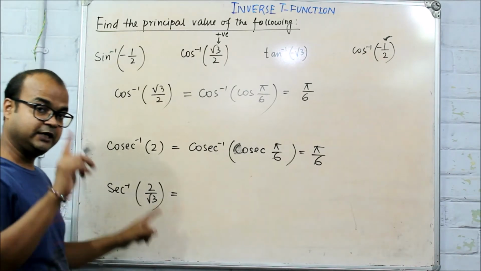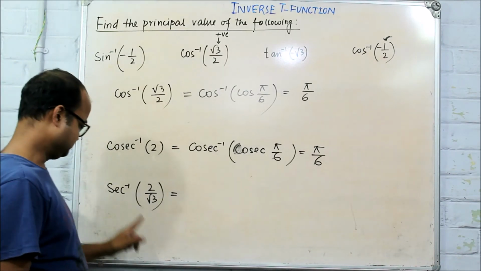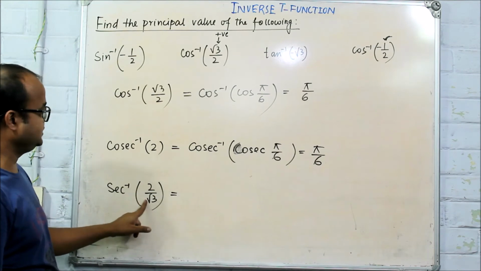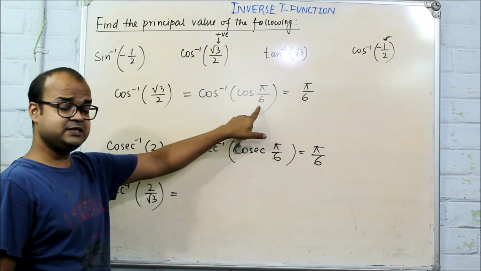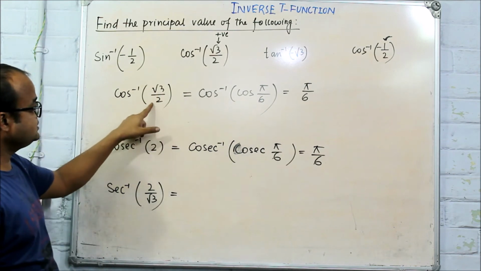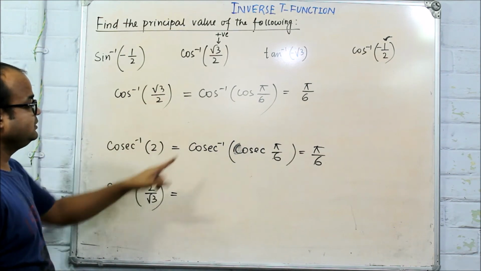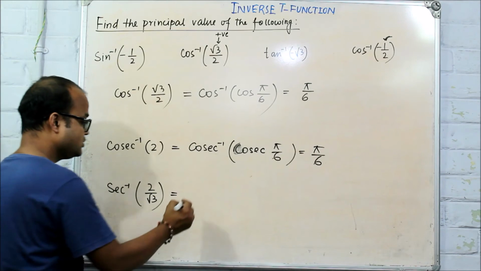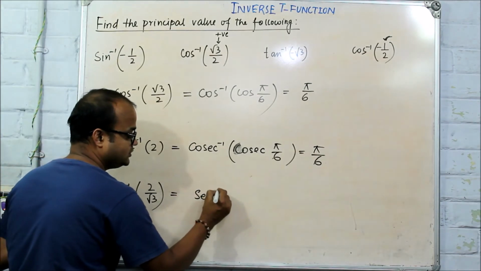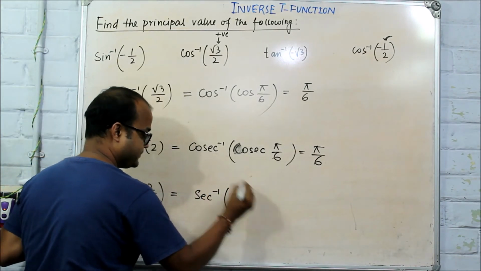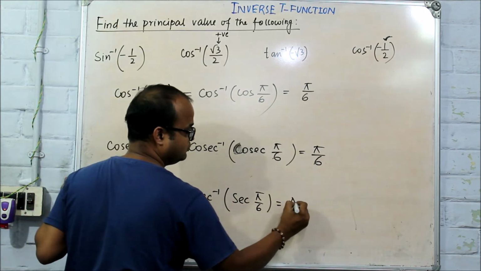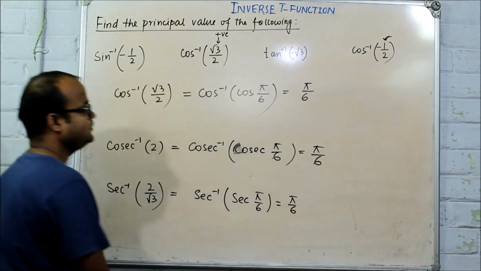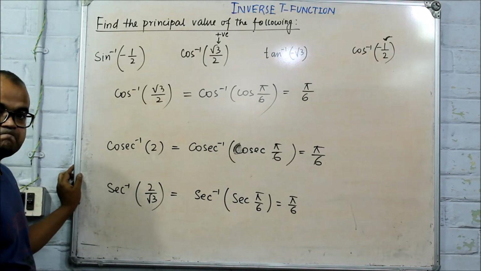Positive, so your angle belongs to the first quadrant. Sec inverse 2 by 3. See, 3 by 2 is cos pi by 6. Cos pi by 6 is 3 by 2, so sec pi by 6 is equal to 2 by 3. So we write sec inverse of sec pi by 6, which is equal to pi by 6. Clear?